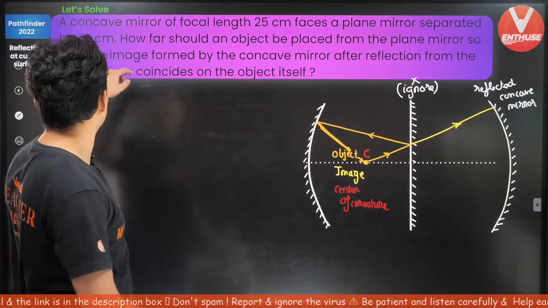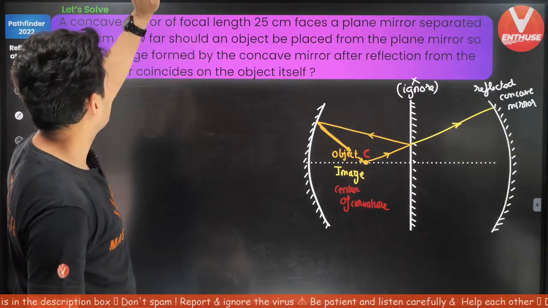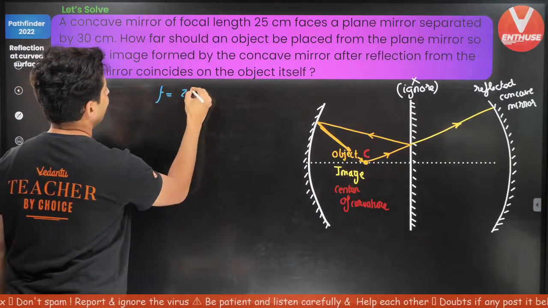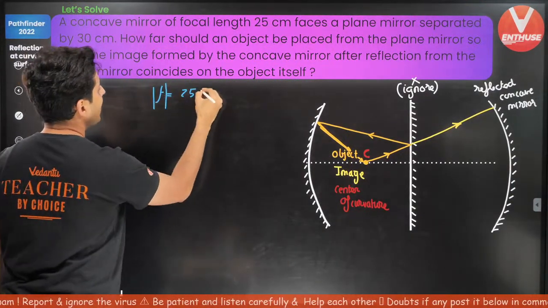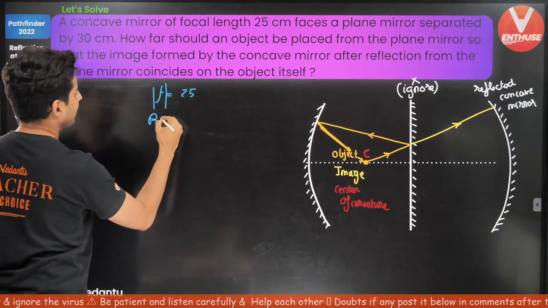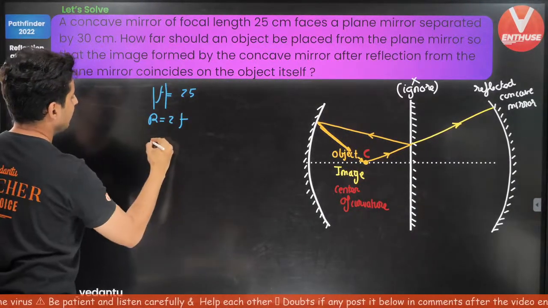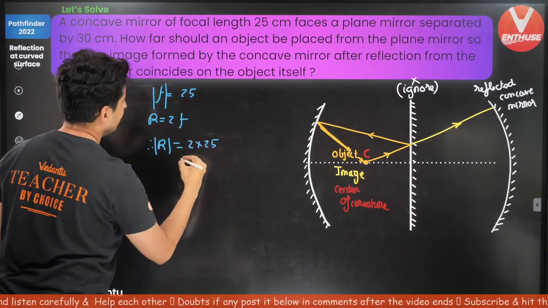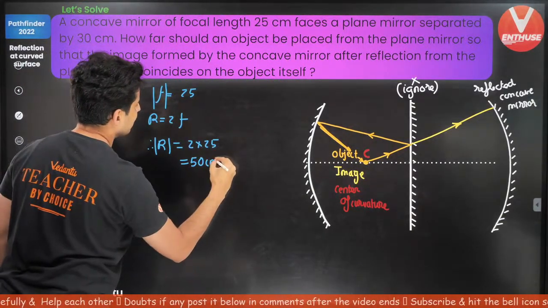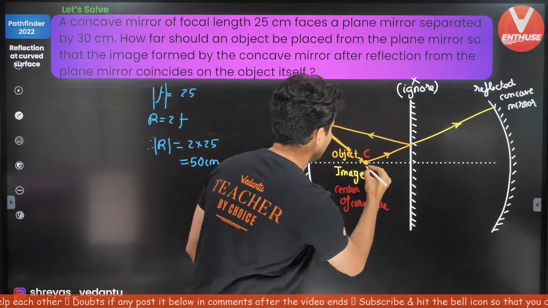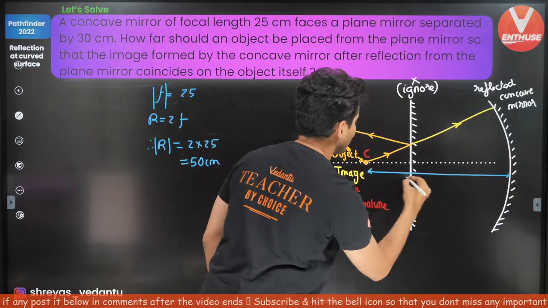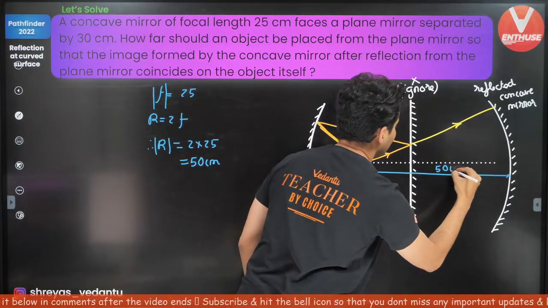Let's do the math. The concave mirror's focal length is 25. If the focal length is known, f is 25 centimeters in magnitude, and remember R is equal to 2f. Therefore, R's magnitude will be 2 into 25, which is 50 centimeters. That means the center of curvature, from here till here, is 50 centimeters.